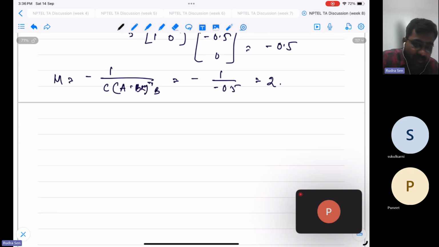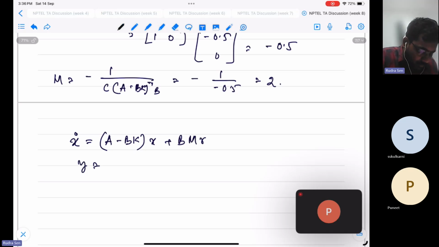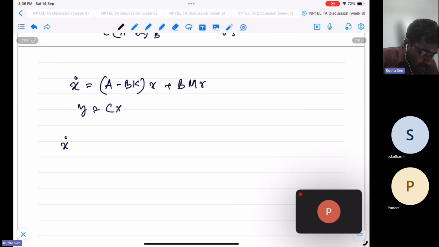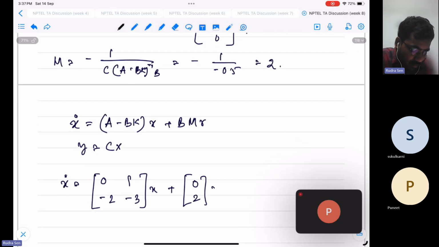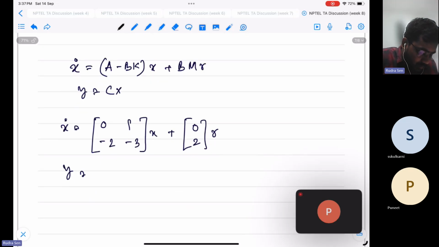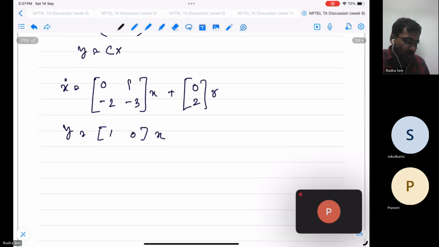Right. Now my system is x dot equals (A minus BK)x plus BMr, and y is equal to Cx. So this becomes now [0 1; -2 -3]x plus B into M. M is 2, so this is [0; 2]r, and y is equal to [1 0]x.